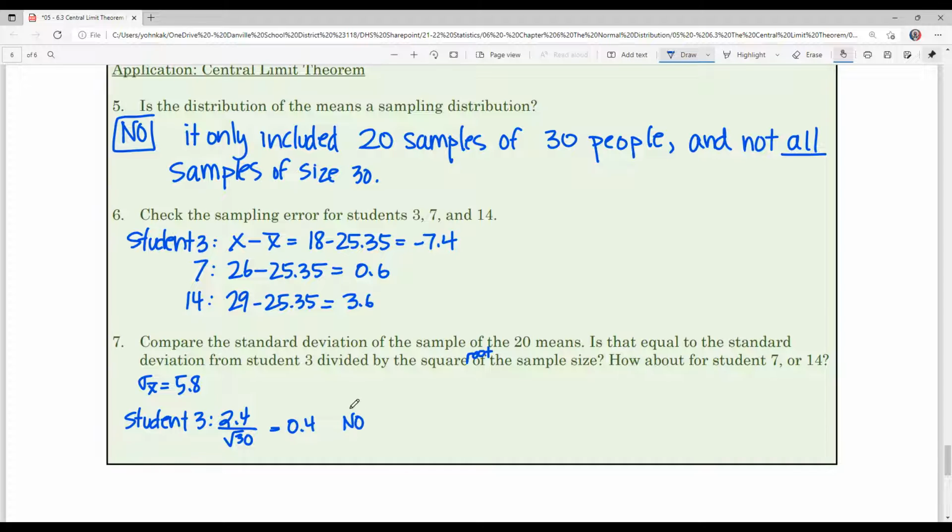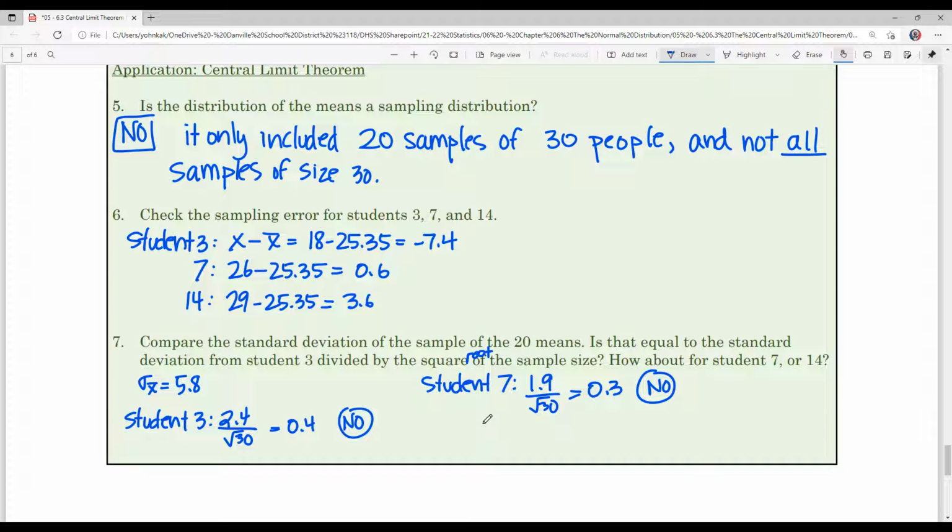So no. If we do it for student 7, student 7 had a standard deviation of 1.9. If I divide 1.9 by the square root of 30, you get 0.3. Again, not the same.